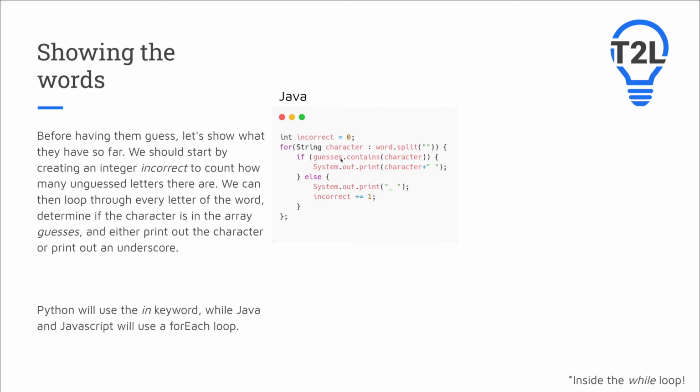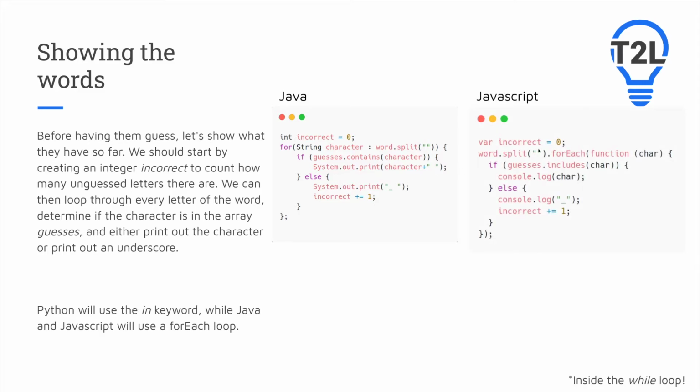So then we can check, hey, does guesses contain the character? So have we guessed the character? If it has, we can just print out the character with a little space in between, so we've got spacing. If it doesn't, then we can just print out an underscore with some space to show that, hey, you need to guess these. And if there isn't, we want to increment the incorrect count by 1. My Java people, does this make sense? Okay.